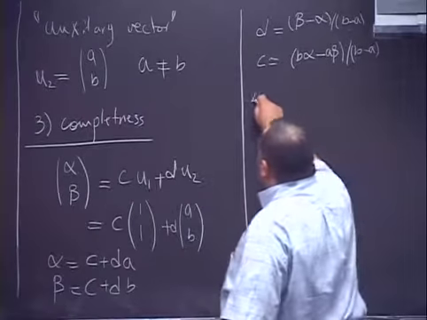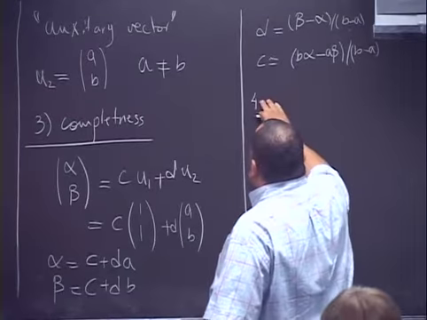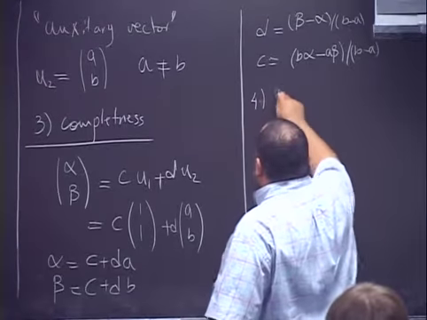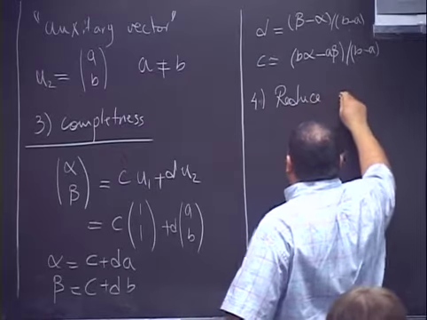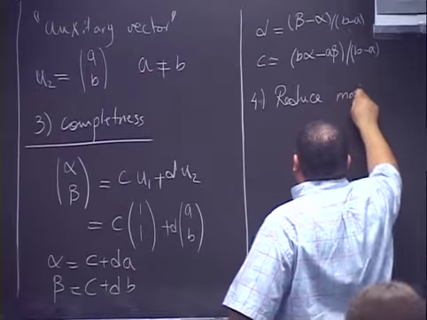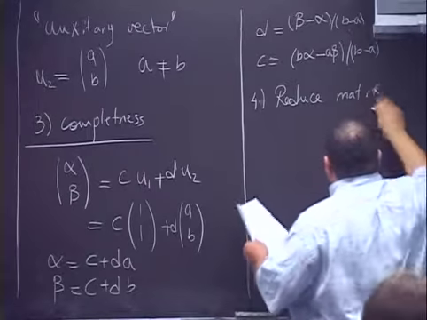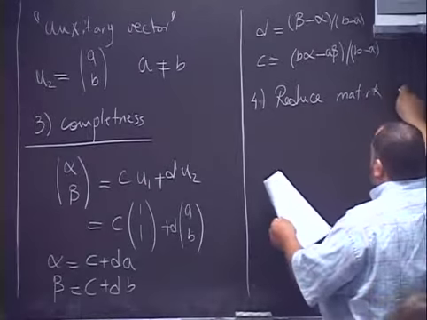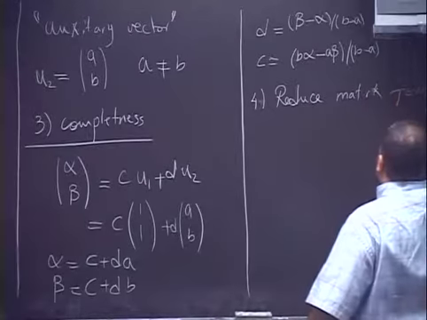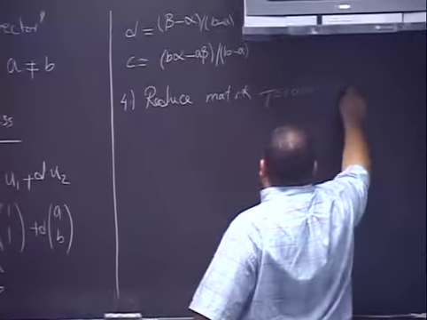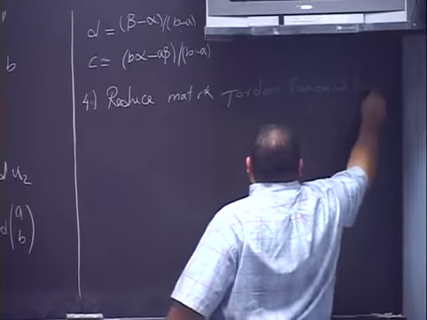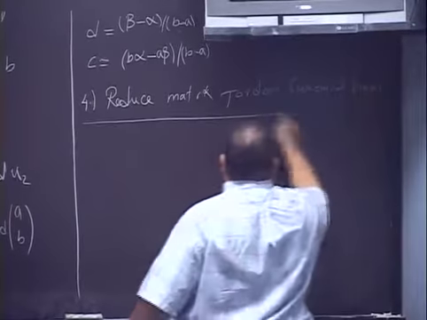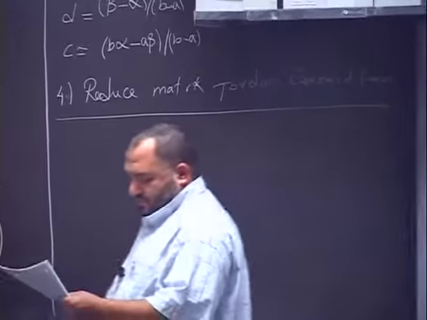Now, the last step is to reduce the matrix to the Jordan canonical form. And Jordan canonical form is just the diagonalization that we talked about last time.